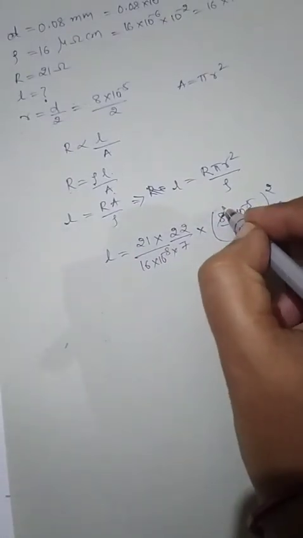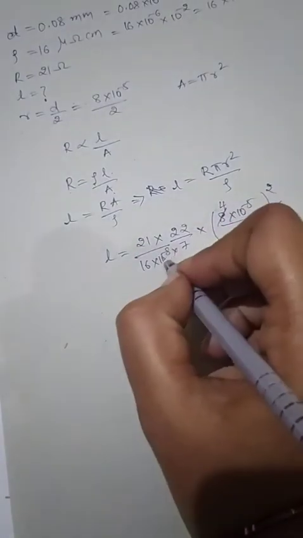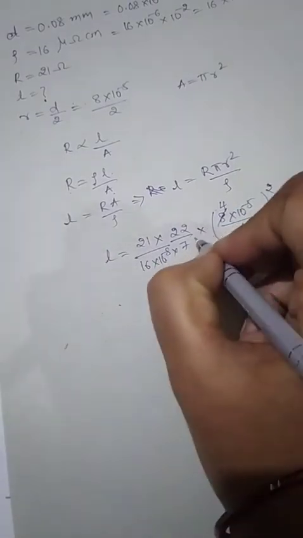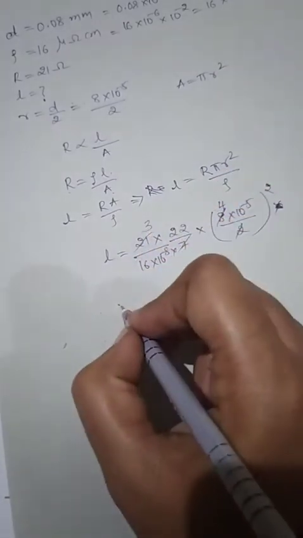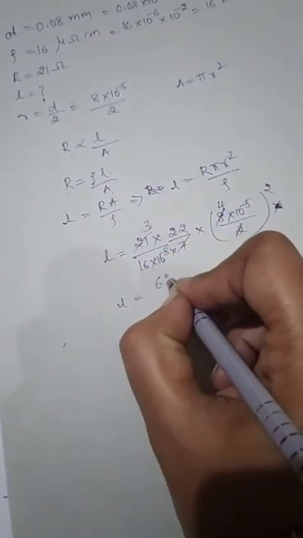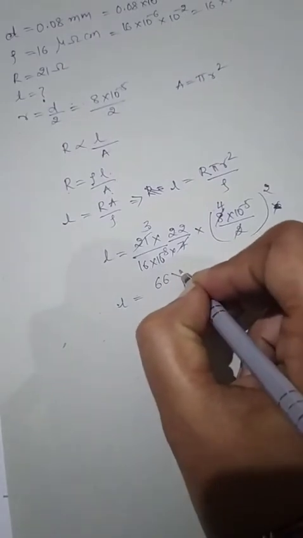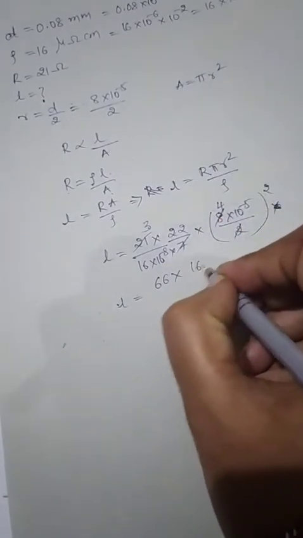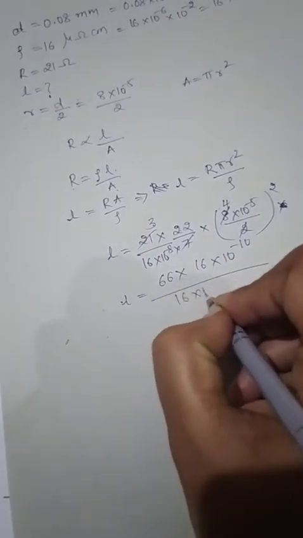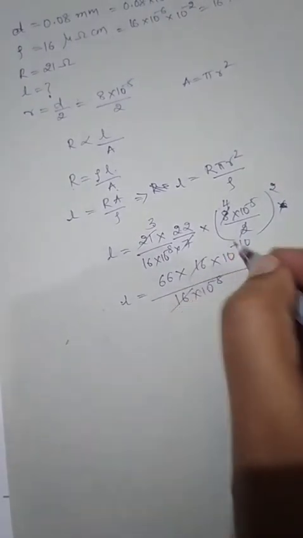Now 2 4s are 8. 7 3s are 21. L equals 3 into 22 will be 66 into 4 4s are 16 into 10 power minus 10, whole divided by 16 into 10 power minus 8. 16 gets cancelled.